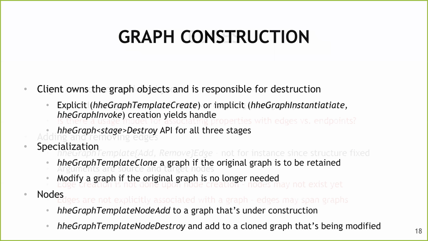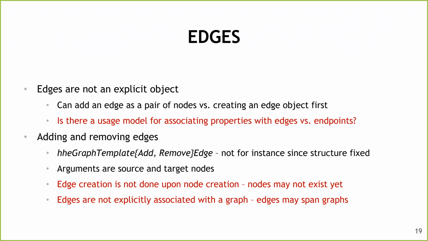Kind of breezing through some of this here. We decided at this point that regarding edges, the interesting properties we've seen so far are really related to endpoints rather than edges, so we don't create an edge object.